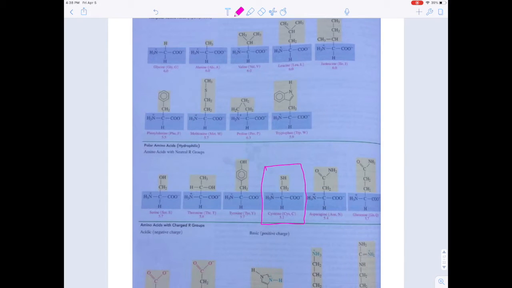If you had two cysteines, notice at the edge of cysteine you have that SH. If you had two cysteines, and I won't draw the whole thing, but you'd have another blue box on top there. If you had that SH and you had two of them facing each other, these can snap together.